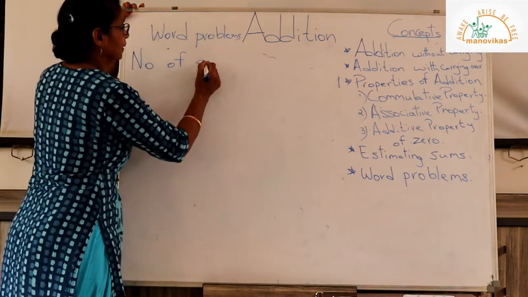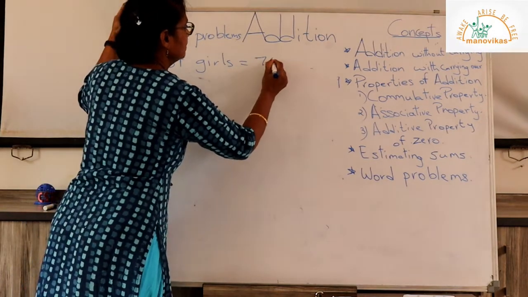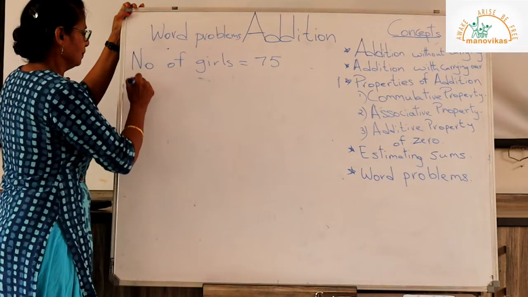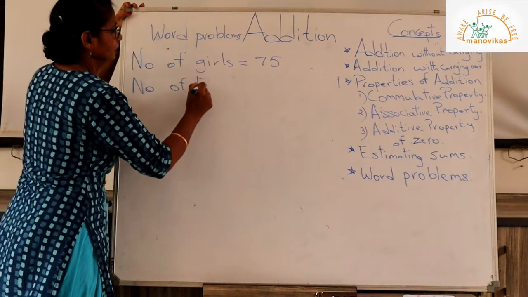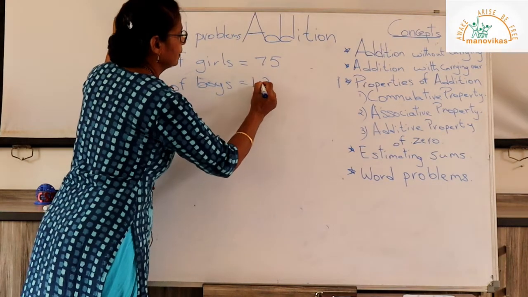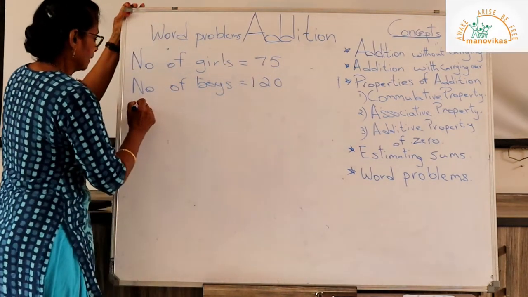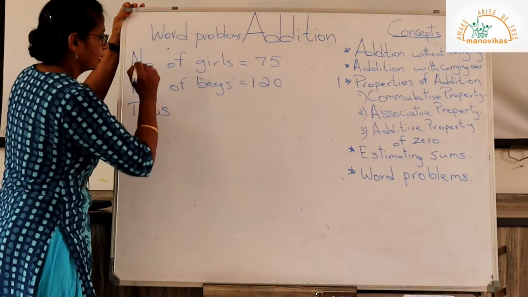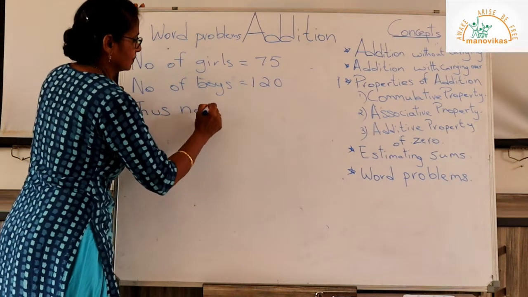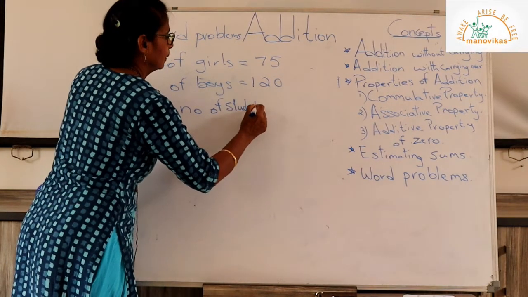So, number of girls is equal to 75, and number of boys is equal to 120. What is the number of students?